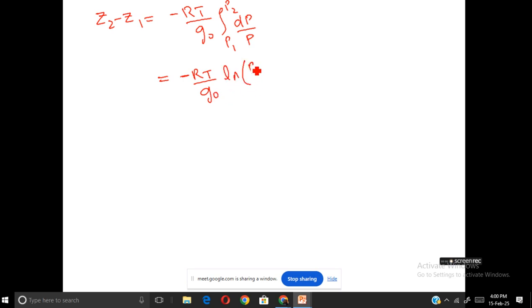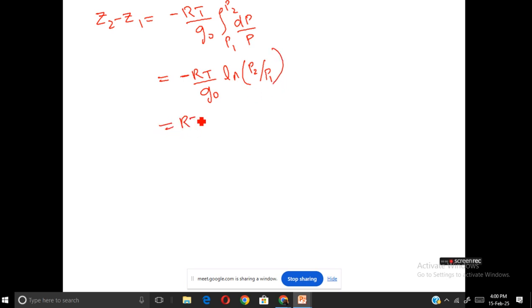or Z2 minus Z1 in case of an isothermal atmosphere, which means the temperature is constant. So we can take temperature out of the integral. So it will become minus RT by g0 into integral P1 to P2 dP by P. So dP by P is basically log. So minus RT by g0 into log P2 by P1.